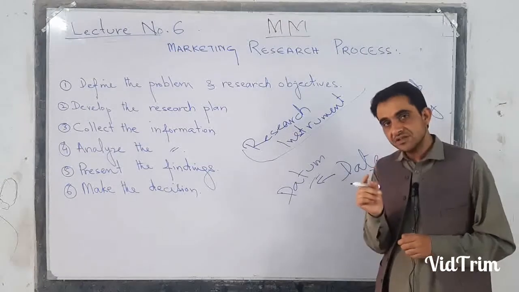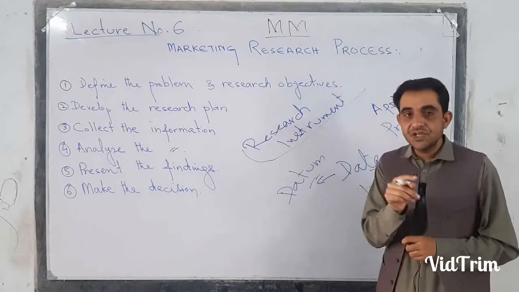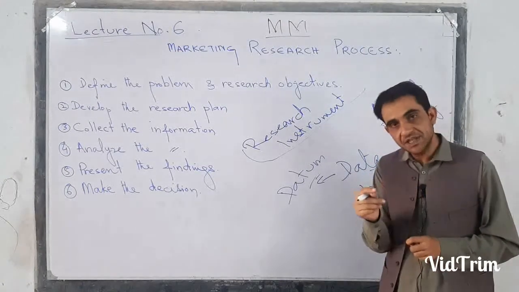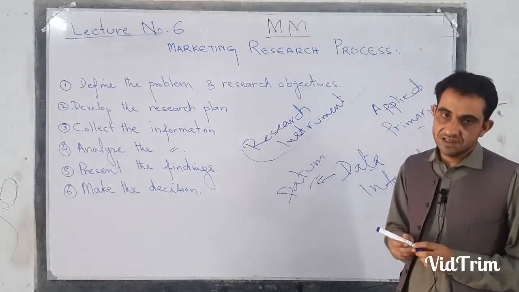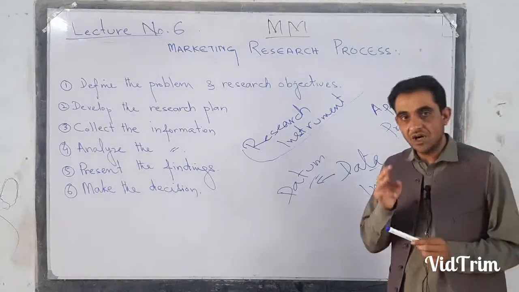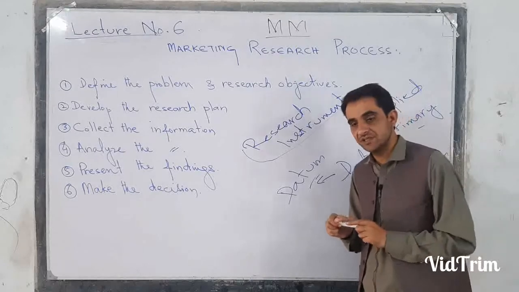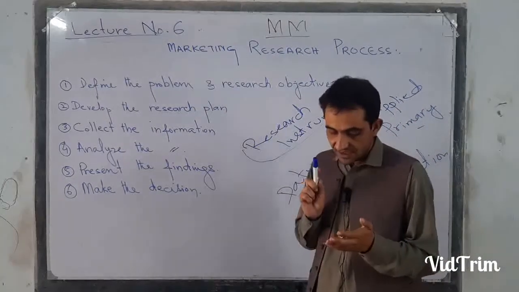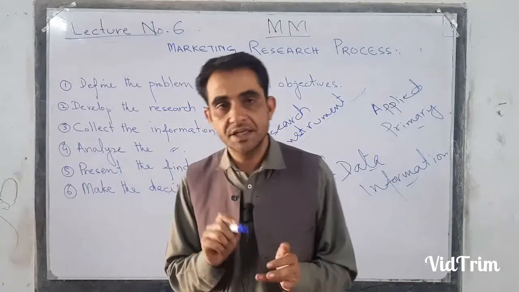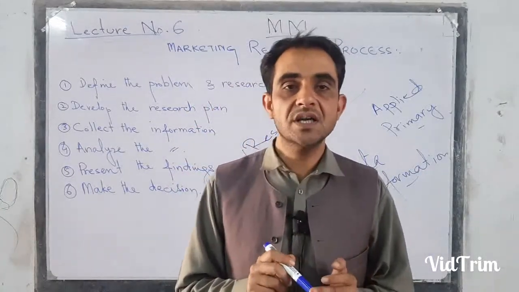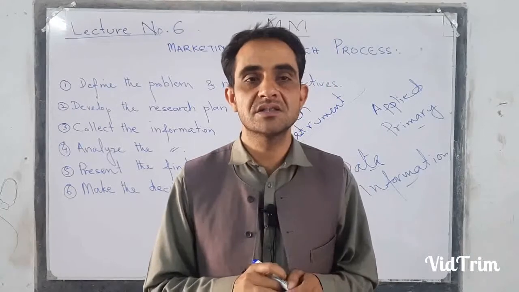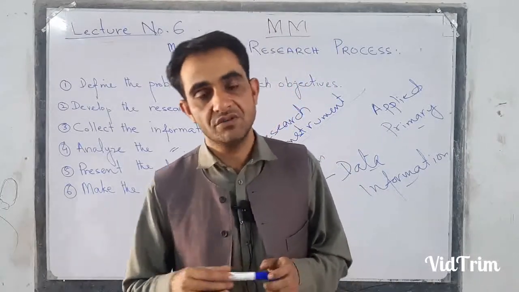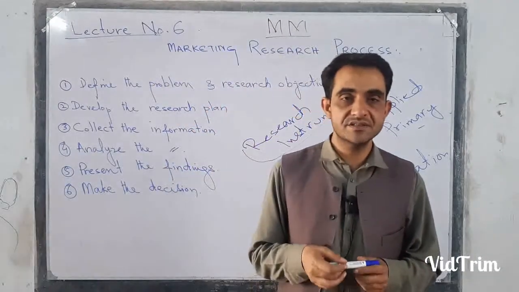The instruments which we are using for the collection of primary data are called research instruments. I am again saying the definition: the methods or the techniques by which we are collecting primary data are called research instruments. We have got three types of research instruments.